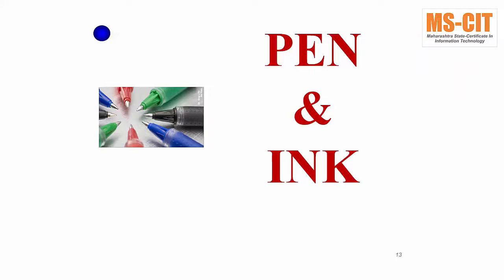Pen and ink. Which pen to be used? Any pen: a ball pen, fountain pen, or gel pen, but use only black or blue ink, not red or green, because those inks are reserved for examiners and moderators.